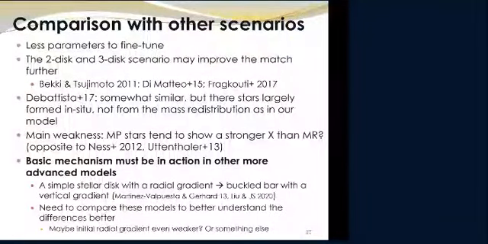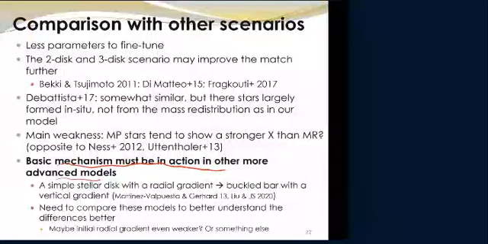And compared with other scenarios, this has fewer parameters to fine tune, although if you have more than one disk, then you can improve the match. So we think that this is a basic mechanism that must be in action in other more advanced models.